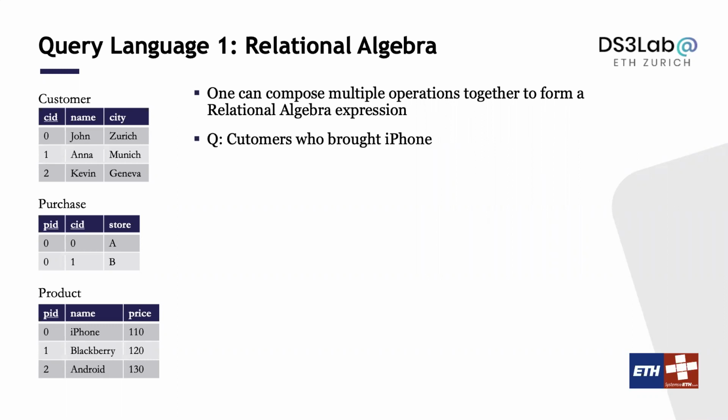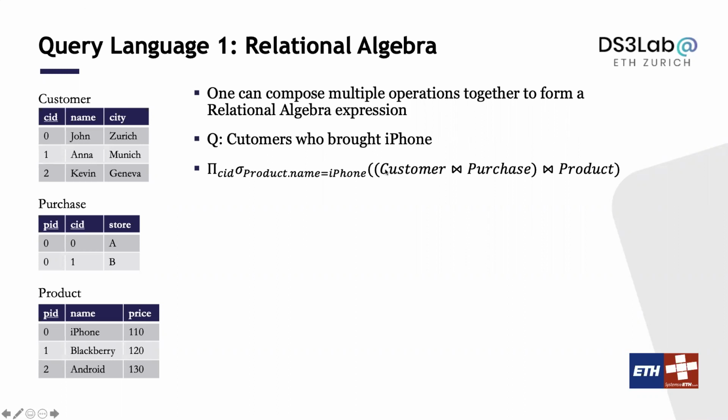For example, if I have my database instance with these three relations, and I want to find the customers who bought iPhone, what should I do? I could write a query that looks like this. I first do the natural join between customer and purchase, to get all the product IDs that each customer purchased.